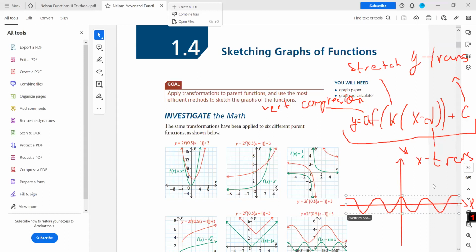So for example, if C is positive, it means my function is translated some amount of units upwards, like this, in y-axis. Because basically each point of this graph is going to be translated upwards. Or if C is negative, it's going to be translated downwards.